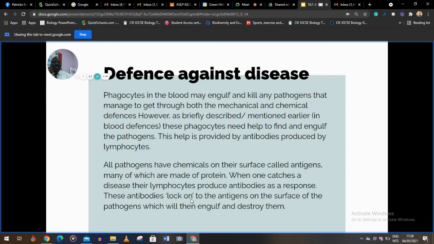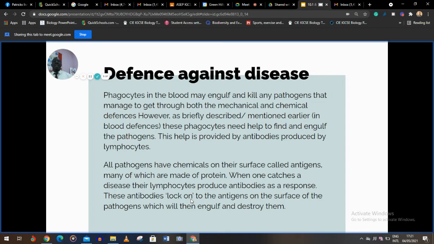Cell-mediated defense, basically, we are talking about the defense of the body that involves cells. For example, phagocytes in the blood may engulf and kill any pathogens that manage to get through both the mechanical and the chemical defenses. However, as briefly mentioned earlier in blood defenses, these phagocytes need help to find and engulf the pathogens.